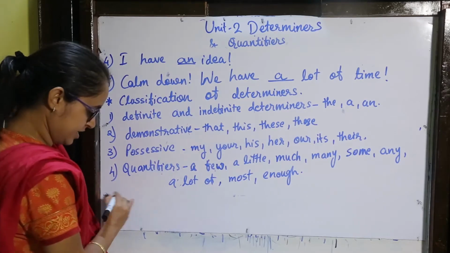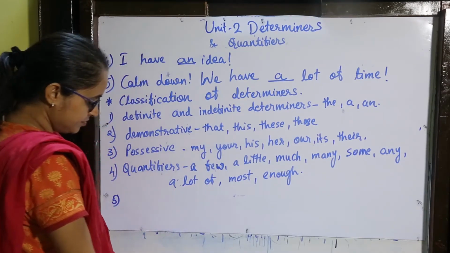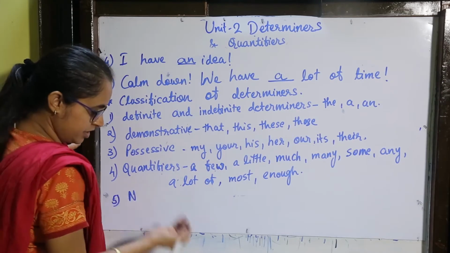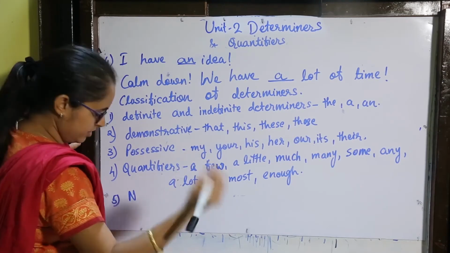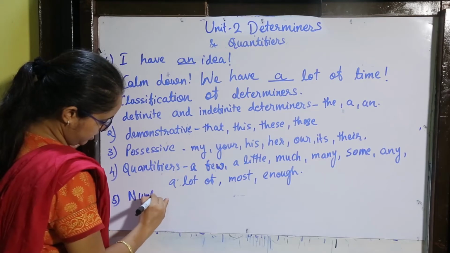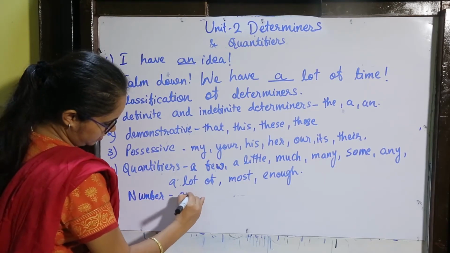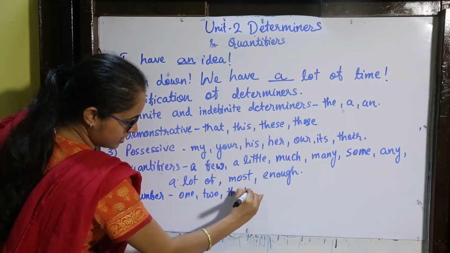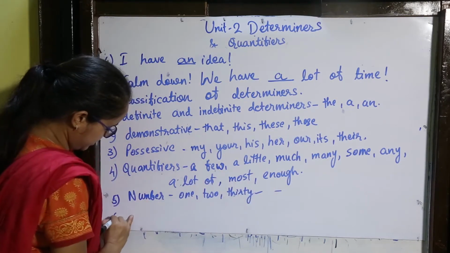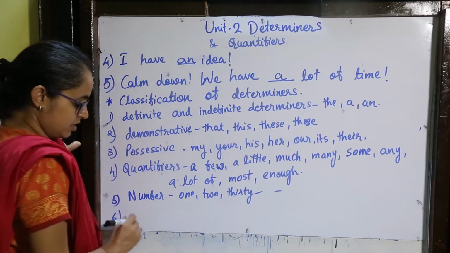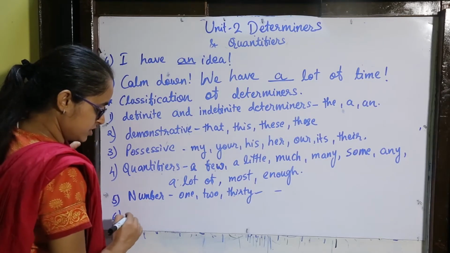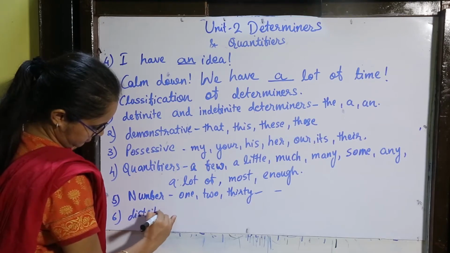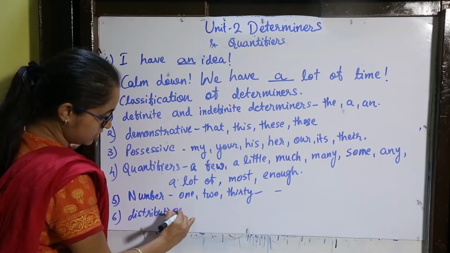Now, the fifth one is numbers. 1, 2, 3, 4, 30, 40, these are showing numbers. Then the sixth one is distributives. Now, what are distributives?